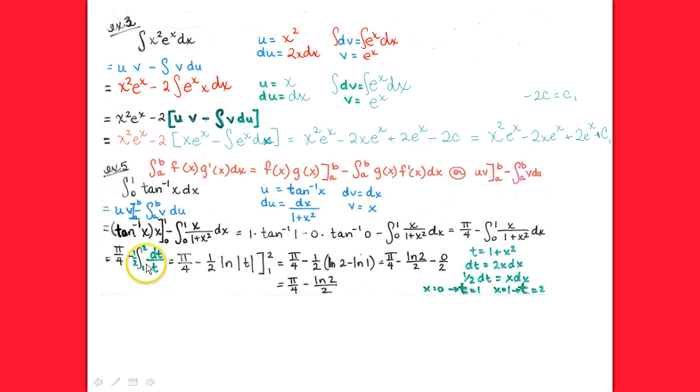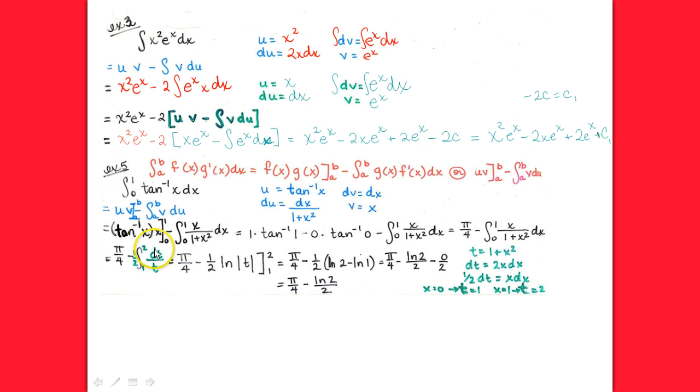If we replace these x's with t's, I also need to replace my upper and lower limits of integration with t's. When x is equal to 0, then 1 plus 0 squared is going to give me 1 for t. And when x is equal to 1, then 1 plus 1 squared is going to give me 2 for t. So we're going to integrate from 1 to 2.